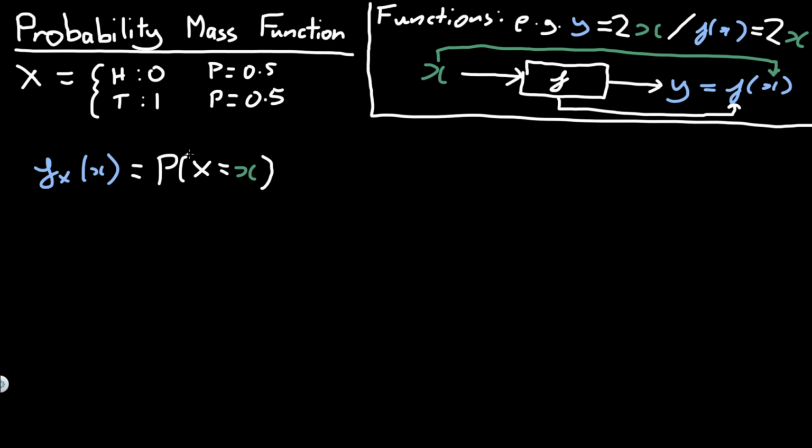So just to try and clarify that a bit, the probability mass function as we've written it here is some function of the inputs x, which are the possible outcomes, associated with the random variable capital X. And that is a broad definition of what the probability mass function is.